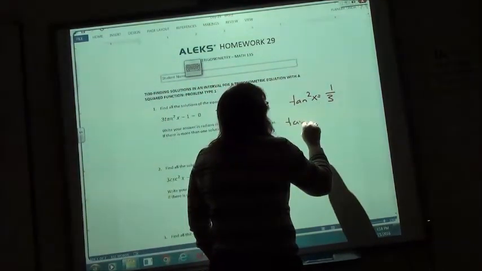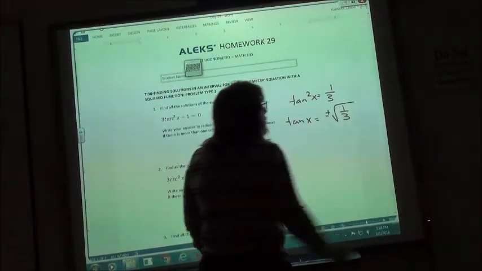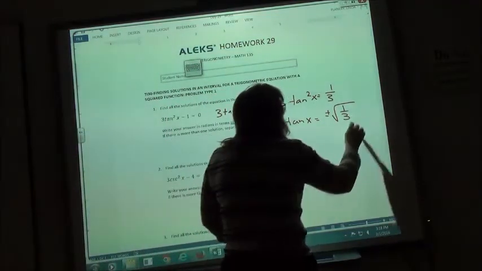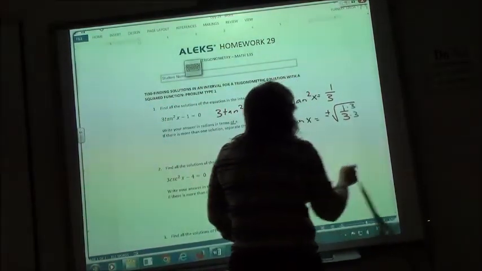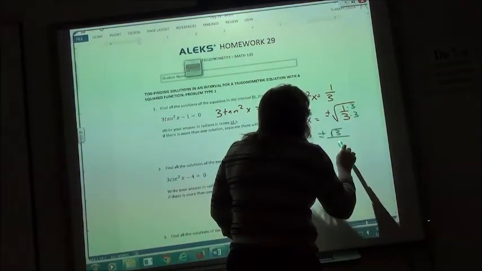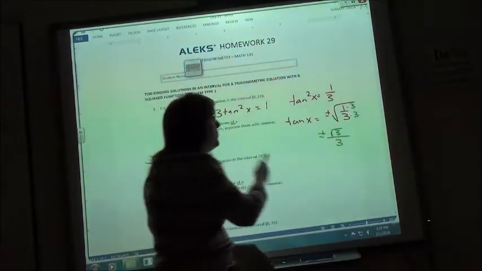So the tangent of x is going to equal plus or minus the square root of 1/3. Of course, I want to rationalize that. And so I'm going to multiply by the 3. And so I'm going to have plus or minus square root of 3 over 9, the square root of 9, which is 3.